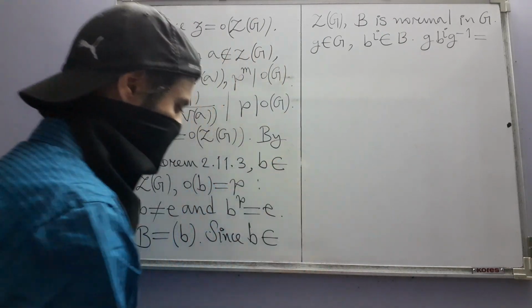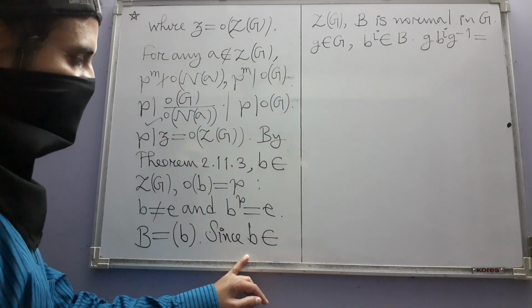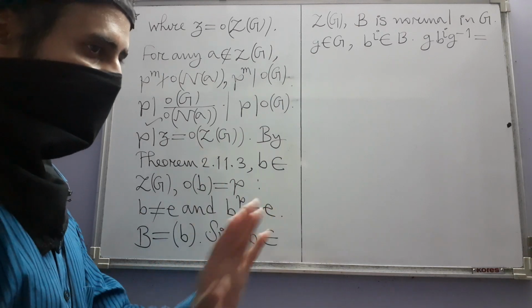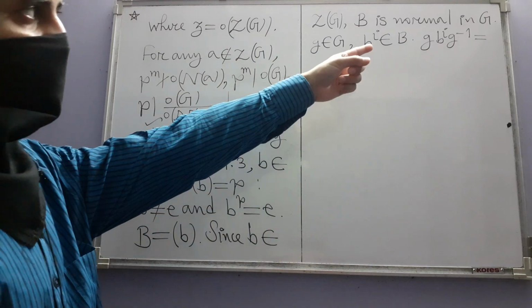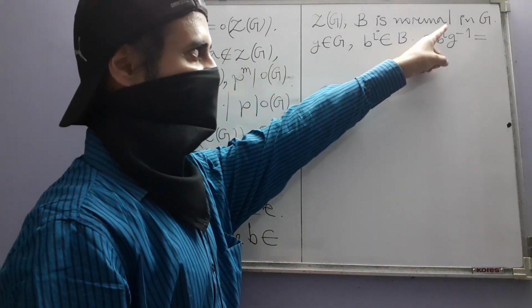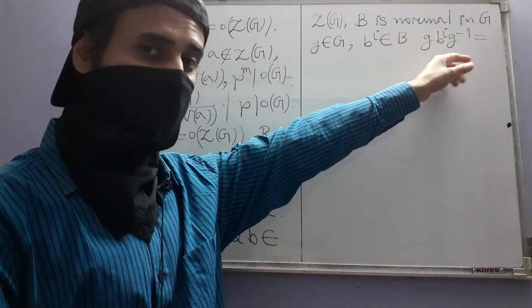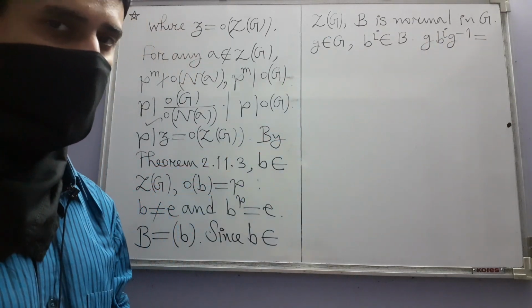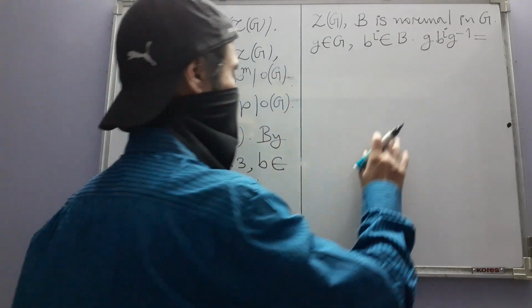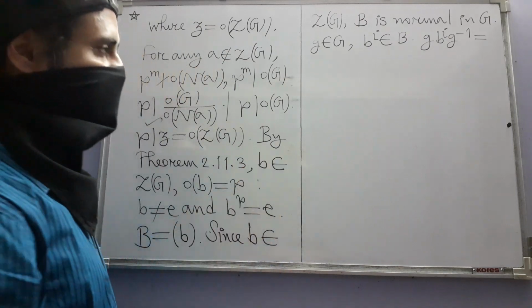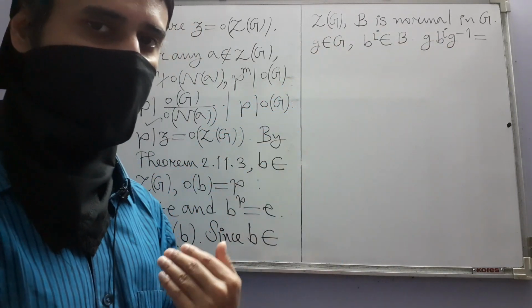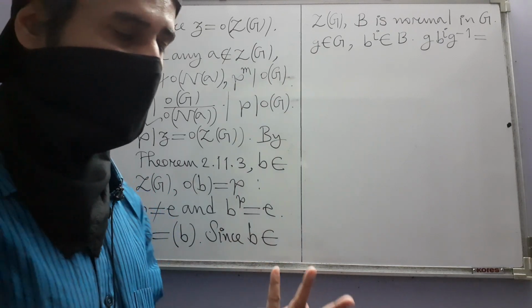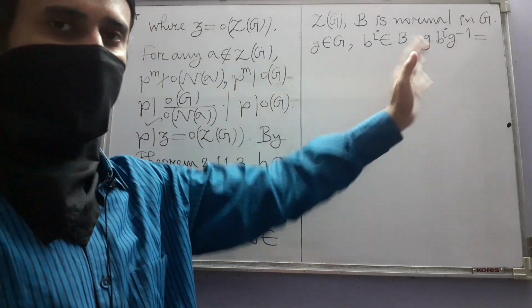Now you see, B is a central element, so B commutes with all the elements, and using this fact one can easily prove that any integral power of B also commutes with all the elements. It's not very difficult. You just have to consider the cases separately where i is a positive integer and where i is a negative integer. i may be 0 also, in which case you get identity.